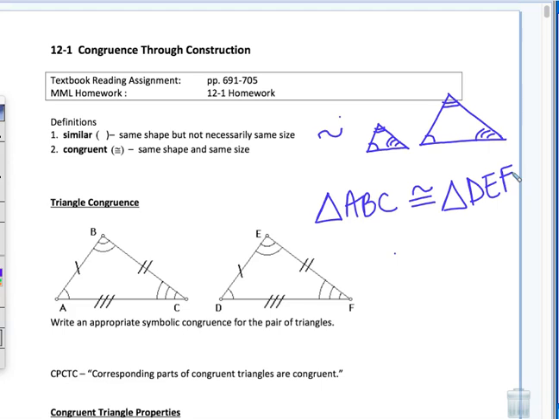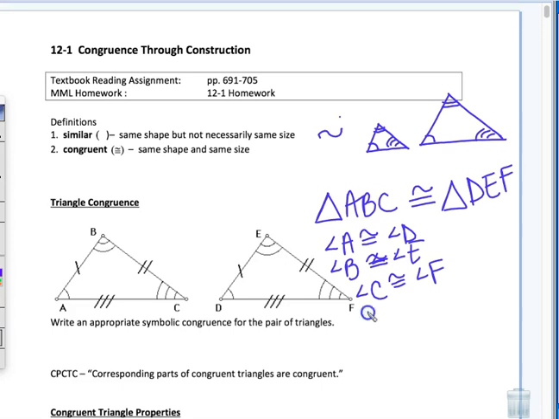Other things that you could write is that angle A is congruent to angle D. Angle B is congruent to angle E. And angle C is congruent to angle F. You could also write which segments are congruent.